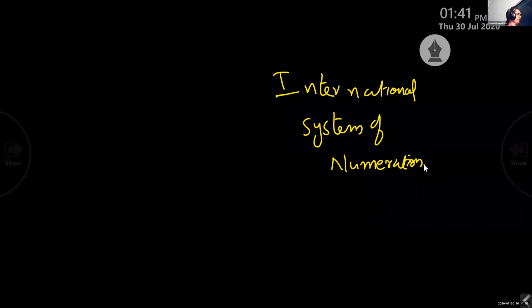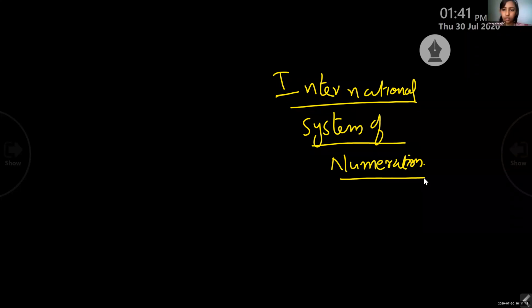This is the heading, you have to write it. Ma'am, we want to write the definition of the international system of numeration and the Indian system of numeration.